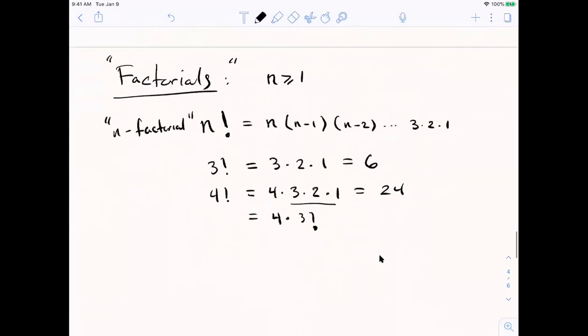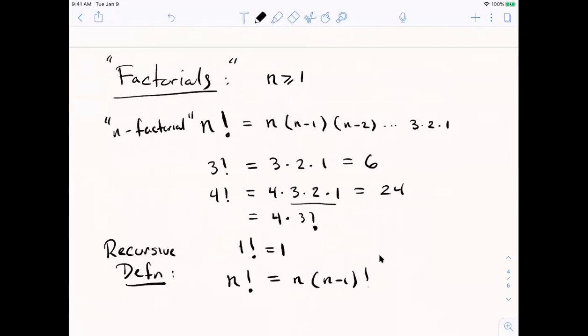In fact, that's a so-called recursive way of defining the factorial function, as I can say, well, let's define 1 factorial to be 1, and then we'll define n factorial to be n times (n minus 1) factorial if n is at least 2. So that's what I mean by the factorial function.